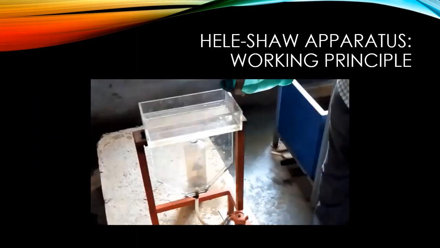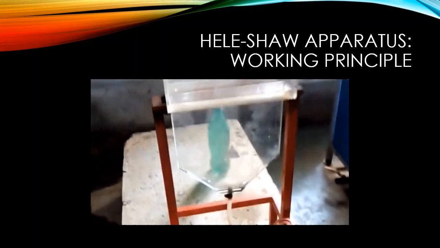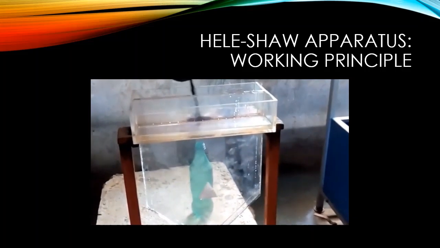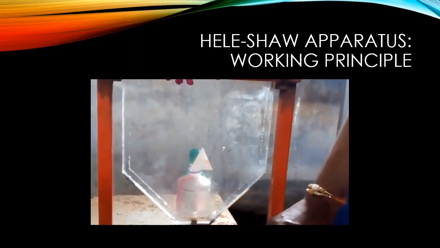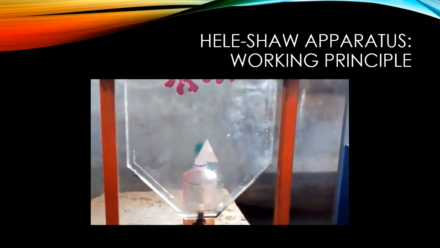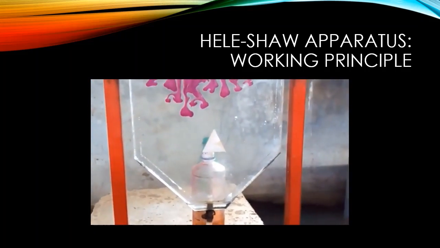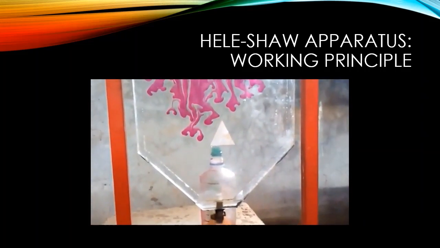So let me show one. Here this is the working principle. I am going to show the Hele-Shaw apparatus. Here one video is there. Here you are pouring some water and then dye on the other side, right? This is your rectangular slit where it is operating. After pouring, you have to open the valve which is given on the bottom side, and after opening, all the streamlines are coming out from the holes.